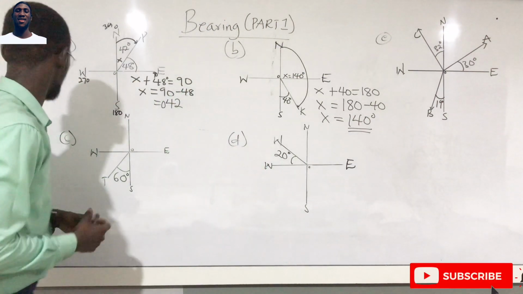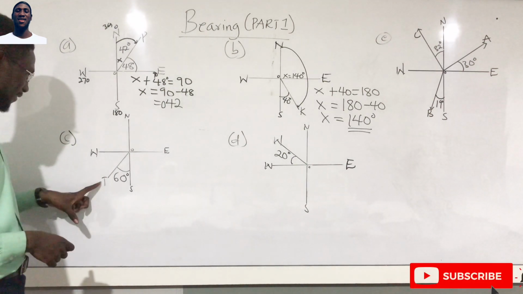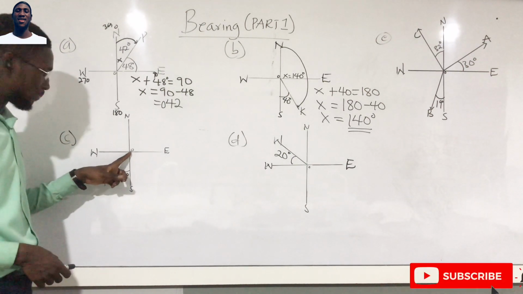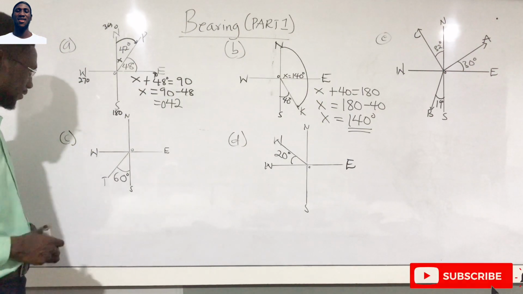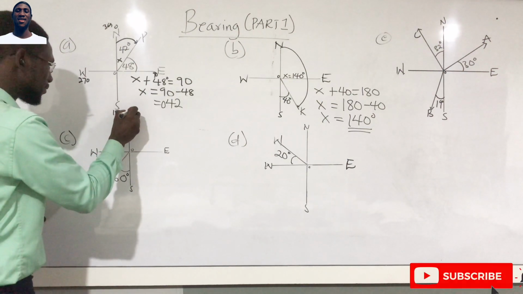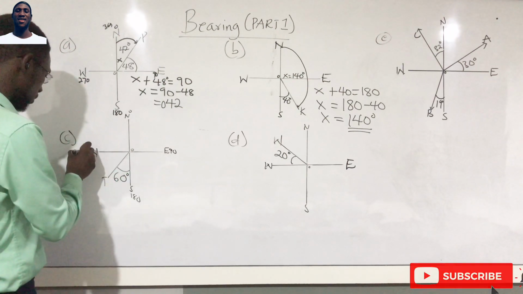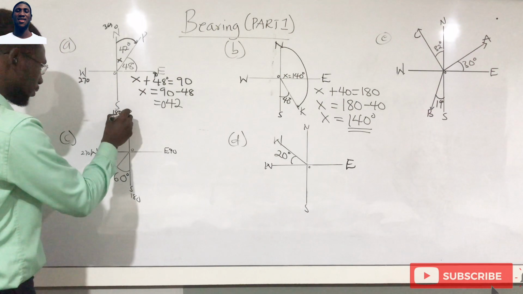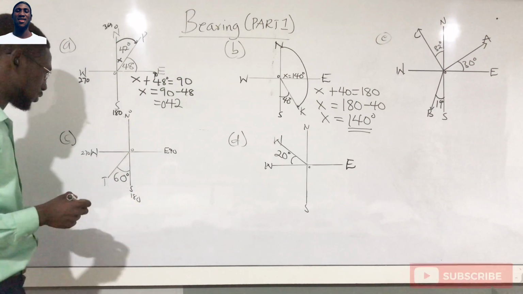Let's look at C. We are looking for the bearing of T from O. Alright. So we can put our 0 here, 90, 180, 270, 360. You can even remove the 360 if you want.